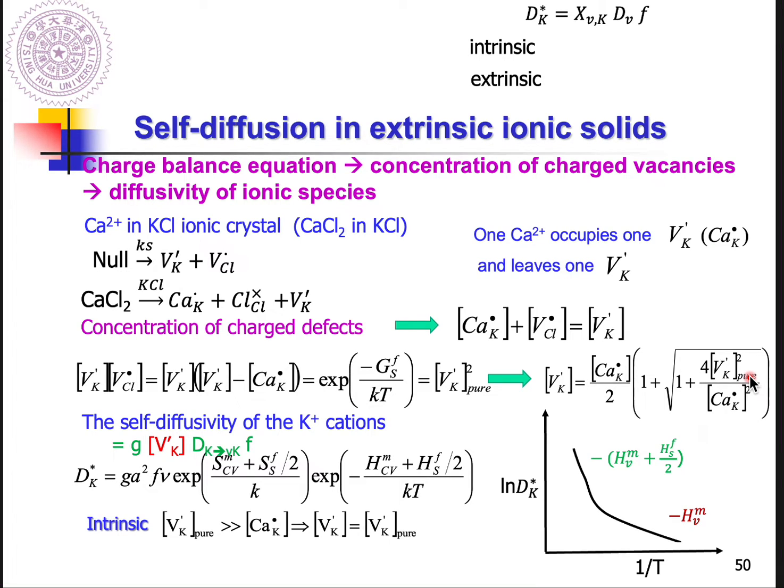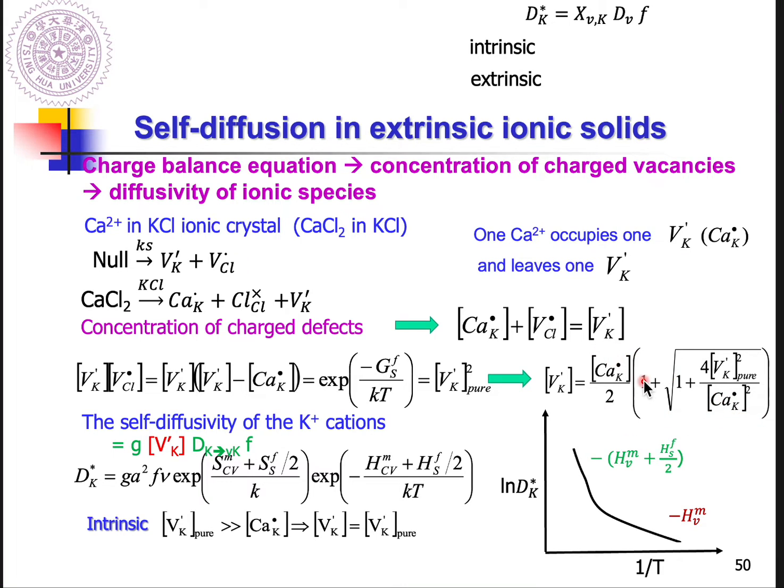You can simply divide it into two cases. If V_K prime pure, the vacancy fraction at the potassium site before doping, is much larger than the doped concentration of calcium chloride, then this term is quite large. So you can ignore this one, drop this term out, and you only have this term, take the square root of it and multiply by this one, right?